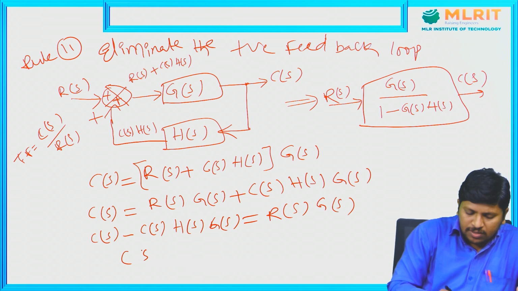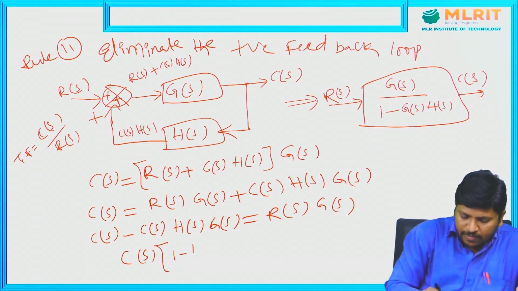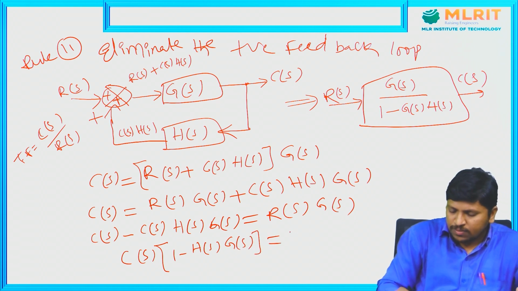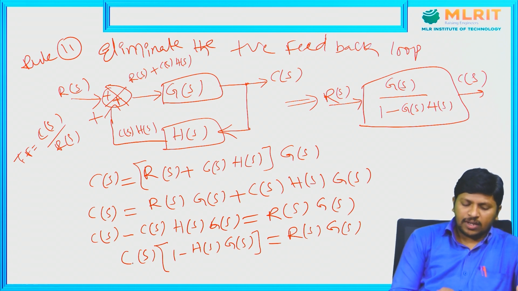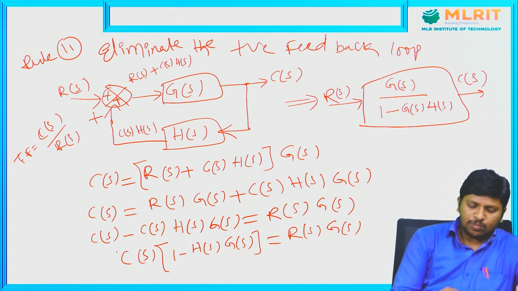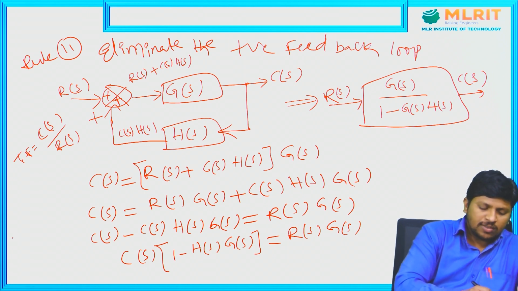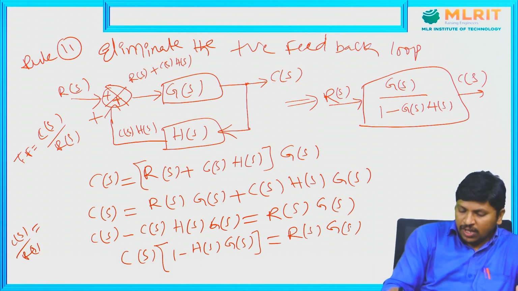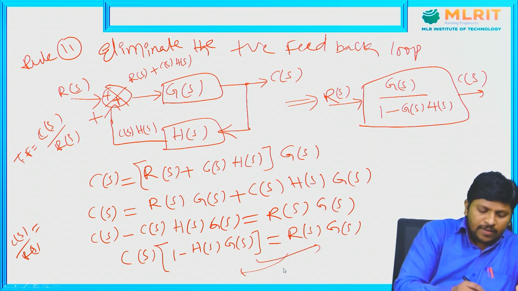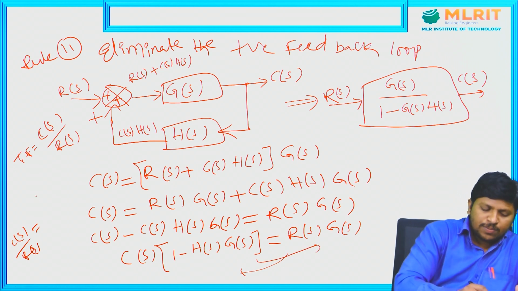Taking C of S common, C of S times 1 minus H of S into G of S equals R of S into G of S. The input signal is R of S and the output signal is C of S. The transfer function C of S by R of S equals what?